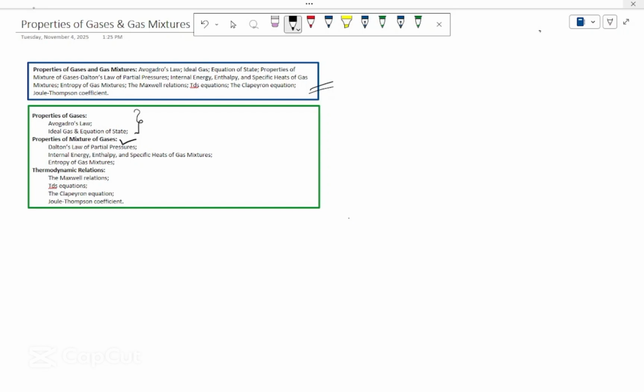So in properties of gases, the basic and most important law is Avogadro law. So what does this Avogadro law say?